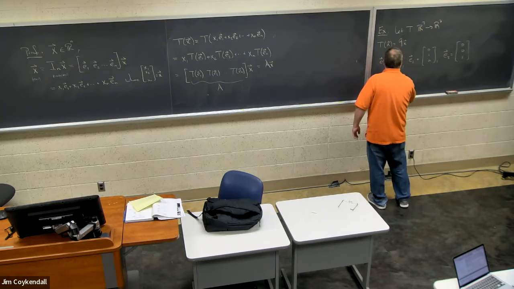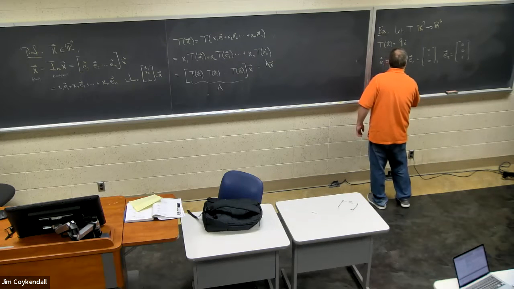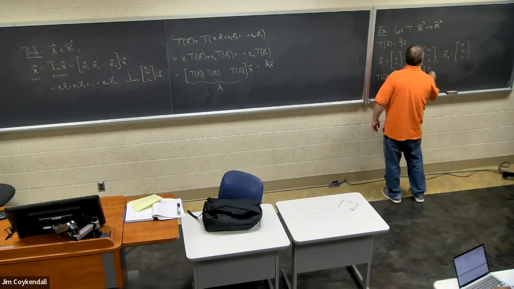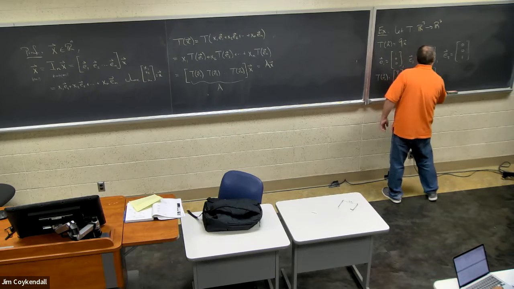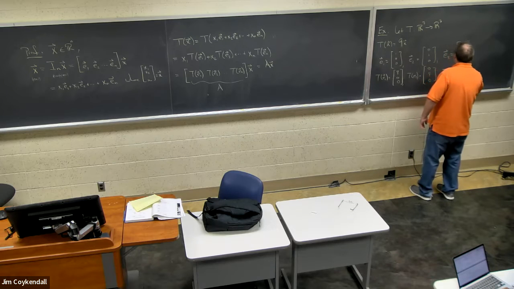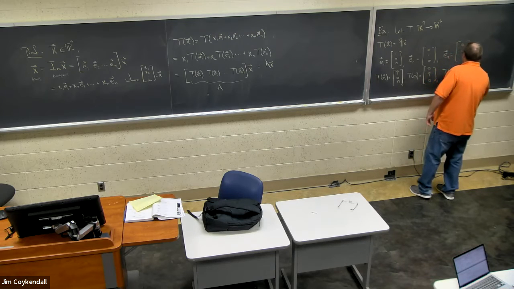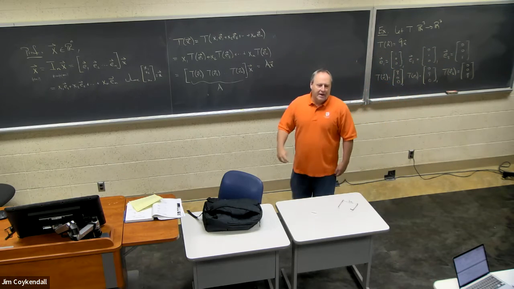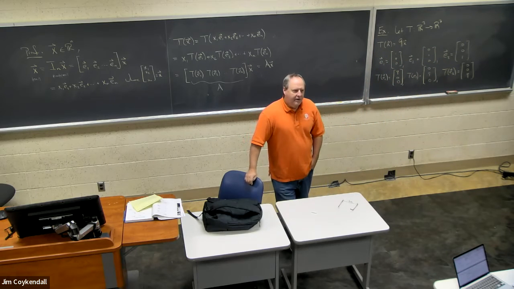You got 9, 0, 0. And the same with these other vectors that we have here. Basically it just grows those 3 vectors by a factor of 9, right?